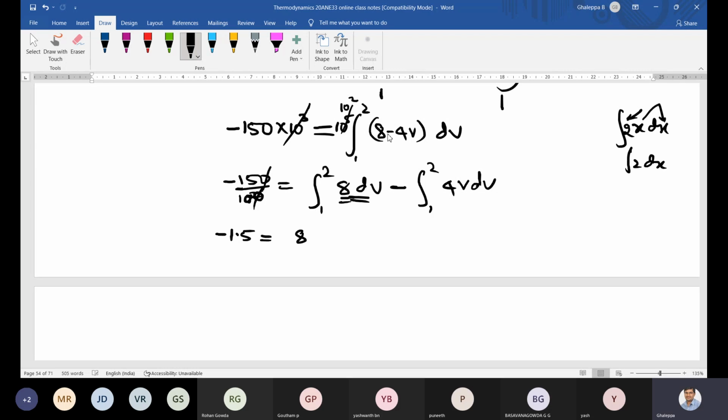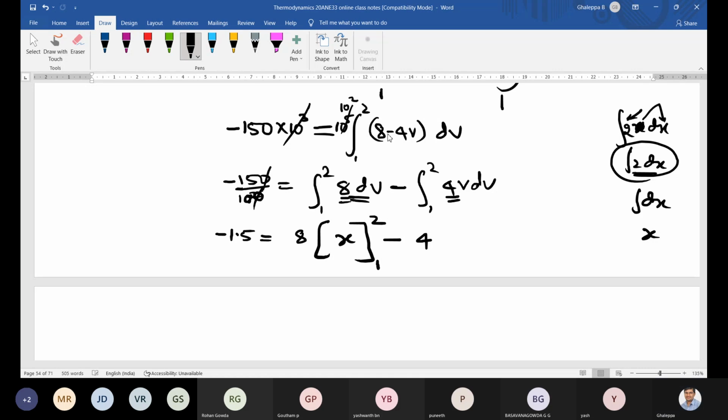Or you remember it like this, what is the integration of dx? x, right, x between the limits 1 to 2, minus 4 is constant, take it out. What is the integration of v dv? V is nothing but x dx. V is x, dv is dx. What is the integration of x dx?